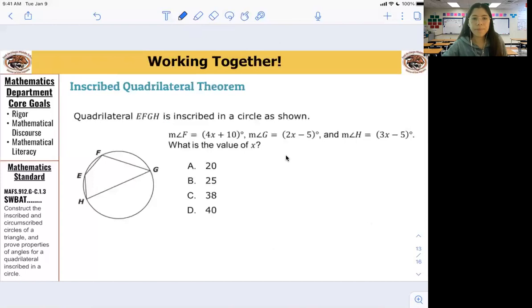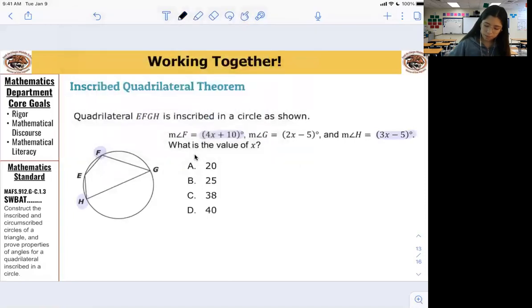Let's check it out. So they give us F, they give us G, and they give us H. Which 2 out of the 3 are going to be supplementary? F and H. So F and H are supplementary.